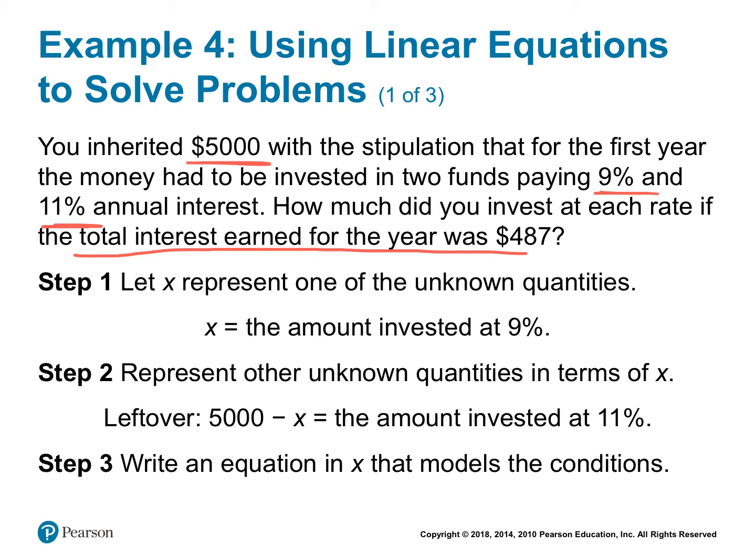So if we take 5,000 minus the amount invested at 9%, which is our x, that is going to tell you how much is left over to invest at 11%. So for example, if you invested $2,000 at 9%, 5,000 minus 2,000 would be 3,000 left over that you put into the 11% investment. Step 3, write an equation in x that models those conditions.